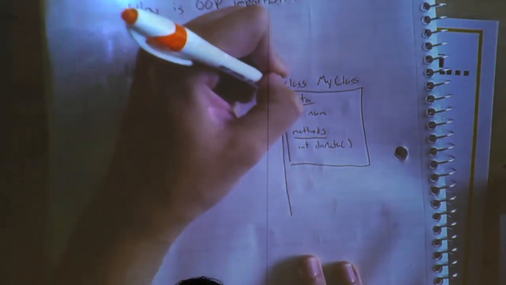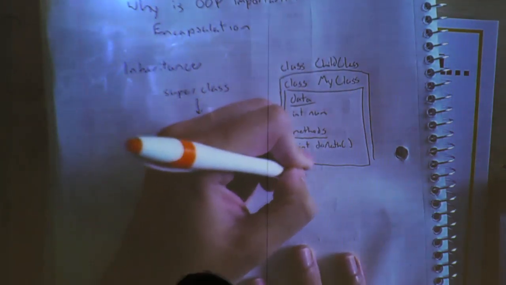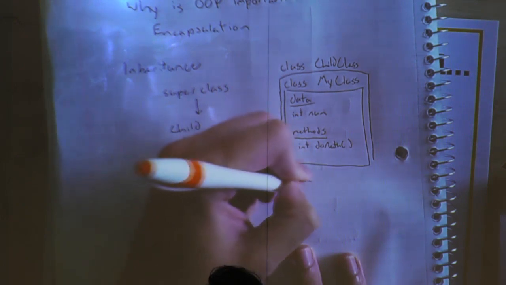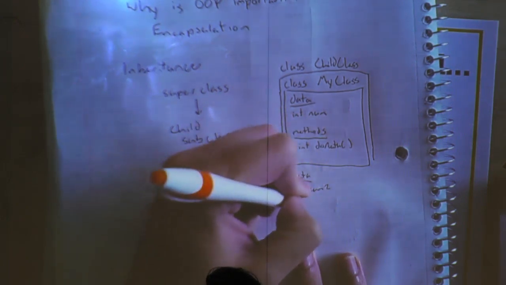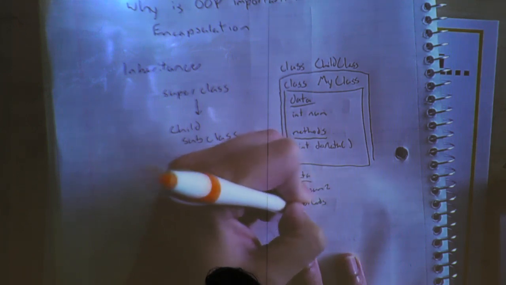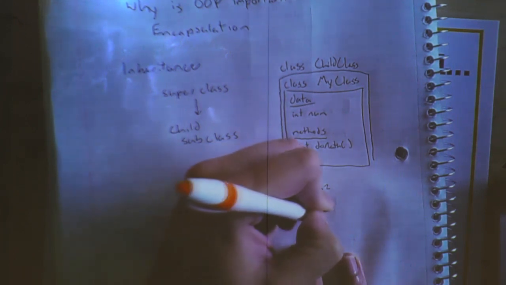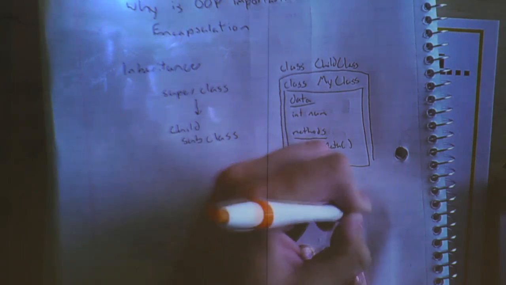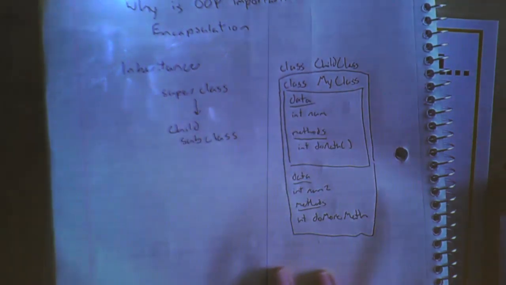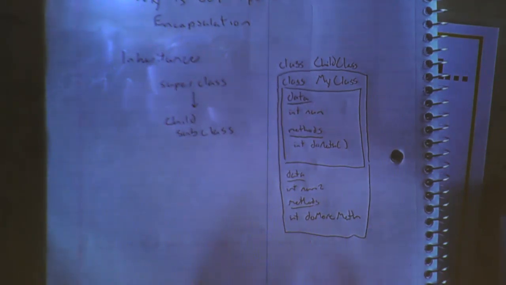And when there's a child class, I draw it around the parent class, just to demonstrate that the child class contains everything the parent class has.